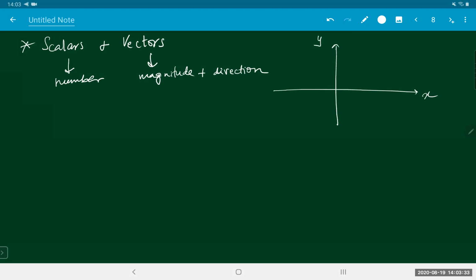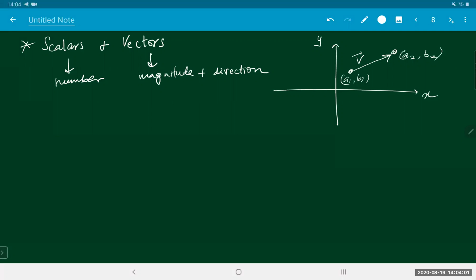So this is the x and the y axis. Suppose I have 2 points, let's say a1, b1 and a2, b2, and I want to define a vector v from a1, b1 to a2, b2.